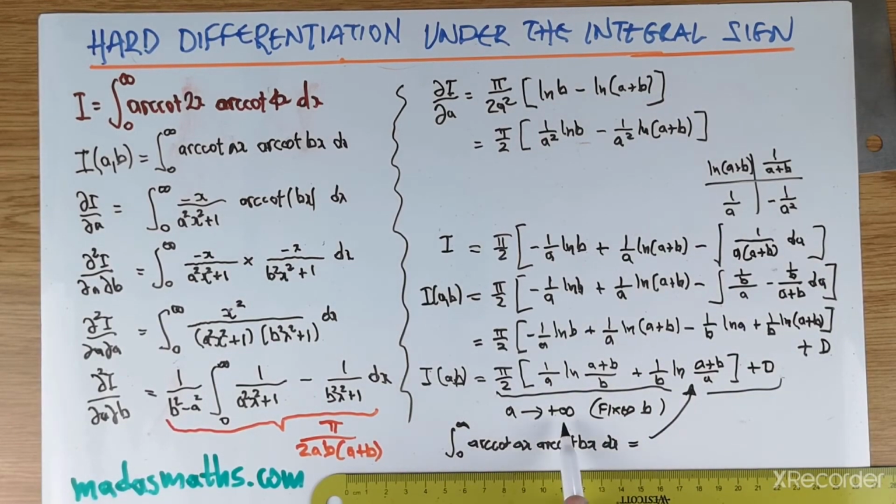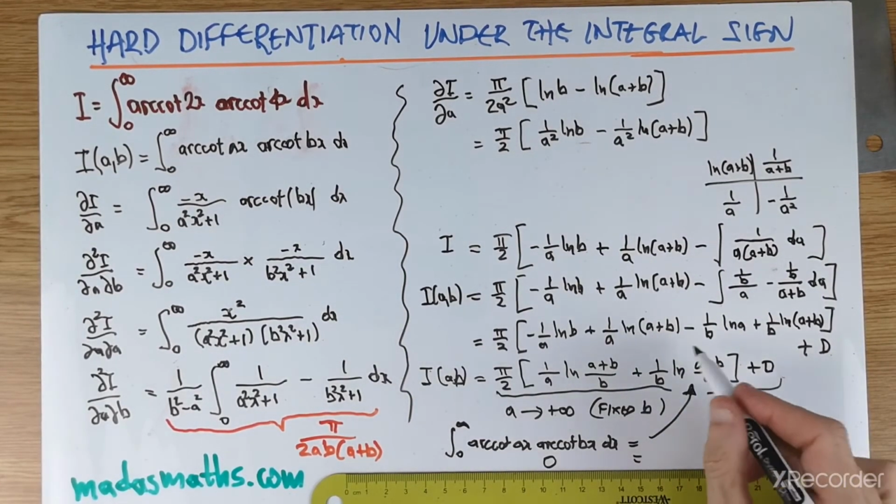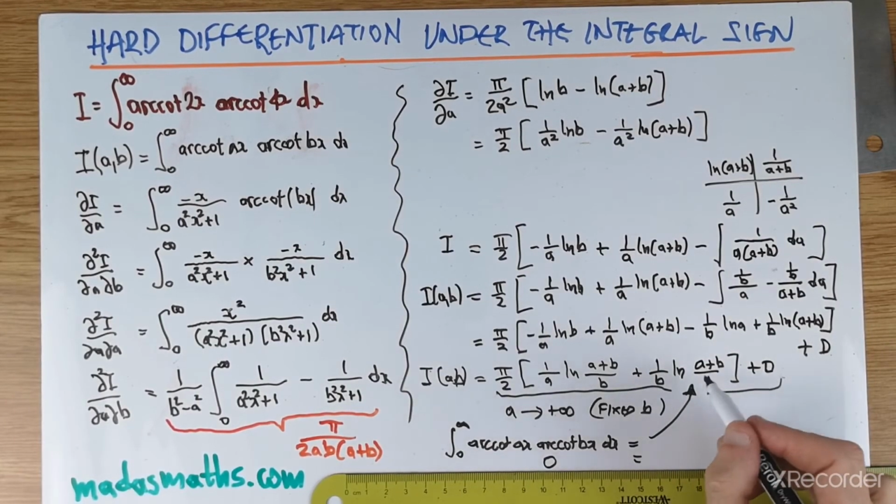So I'm letting a go to infinity. If a goes to infinity, we have arc cot of infinity, so this particular thing will be 0. 0 dx from this limit is 0. So what happens now as a goes to infinity? First of all, this is easy to see. B is fixed.